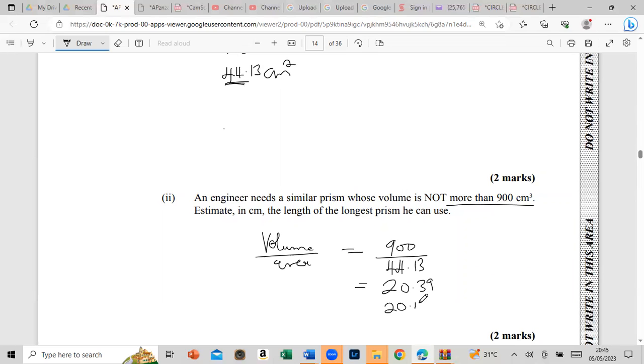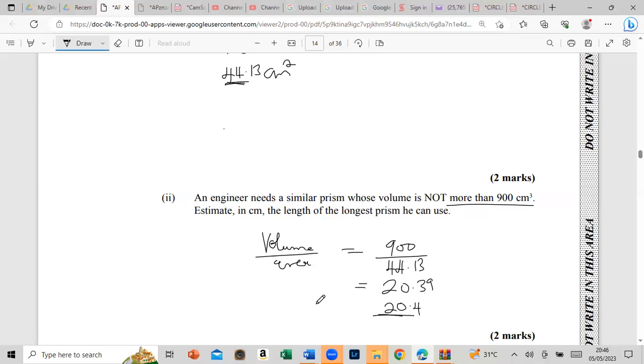I'm gonna see if this passes 900. So I'm gonna multiply 44.13 times 20.4. If it passes it, I got an issue. Alright, this gives me 900.252.